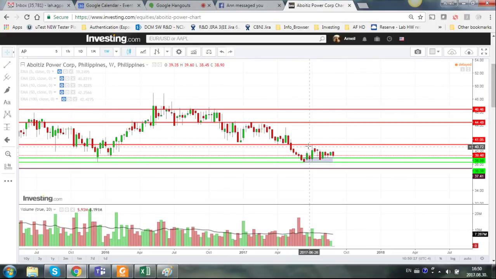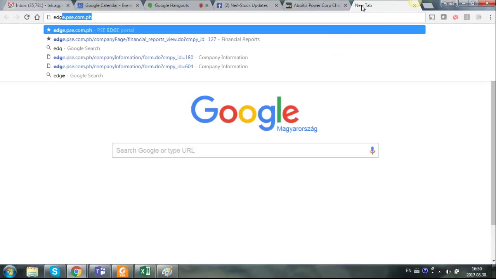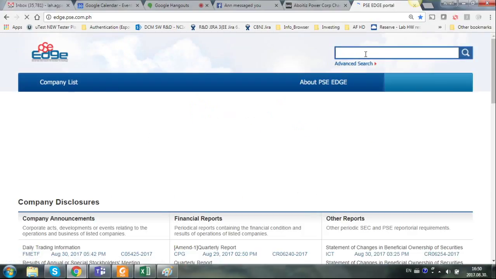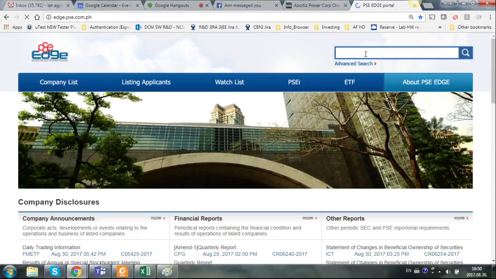Talaga, depende sa amount of stocks na binibili at binibenta. Basta, let's say Aboitiz, ito yung board lot niya. Actually mayroon akong app na shares calculator.